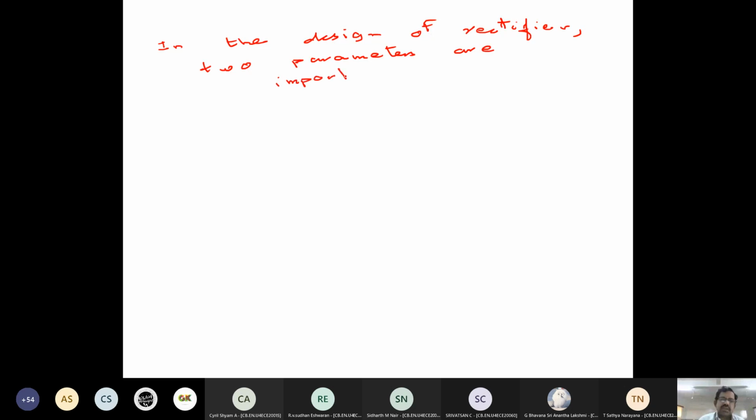In the design of a rectifier, two parameters are important. One is, we want to ultimately use this rectifier in delivering certain DC power to the load.